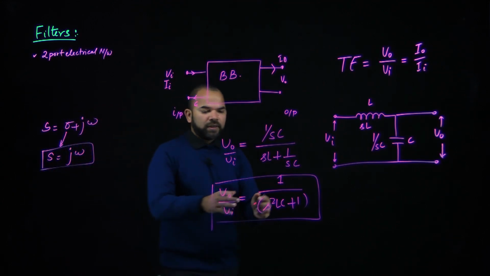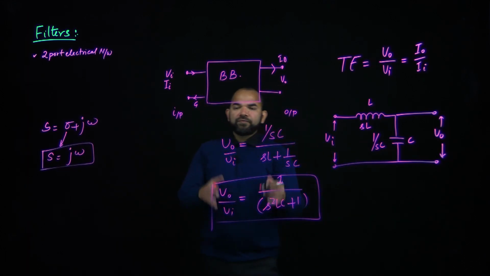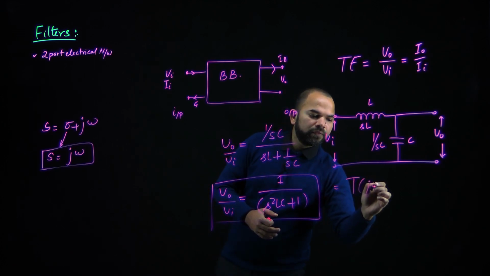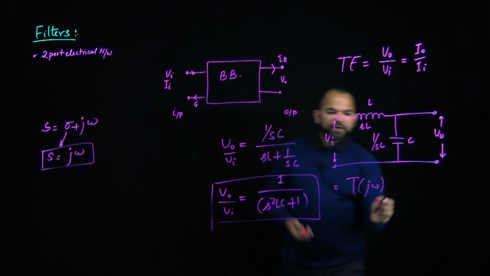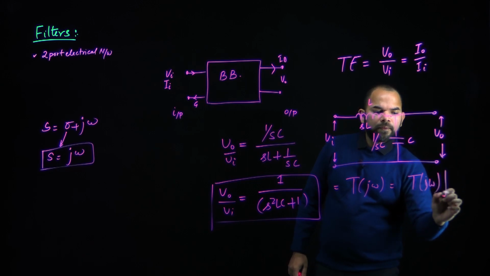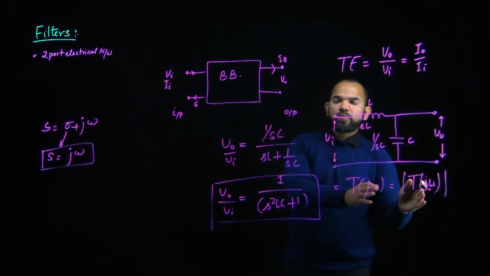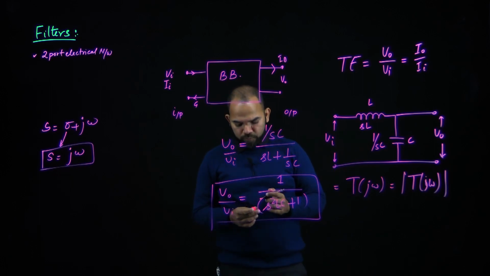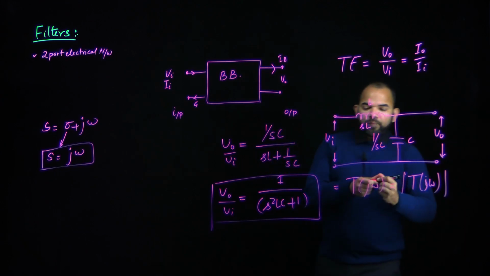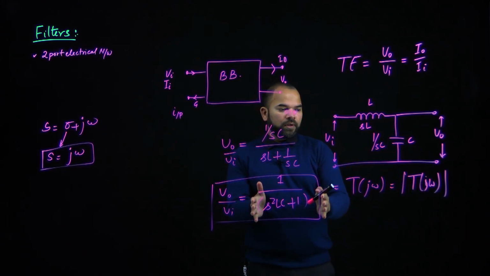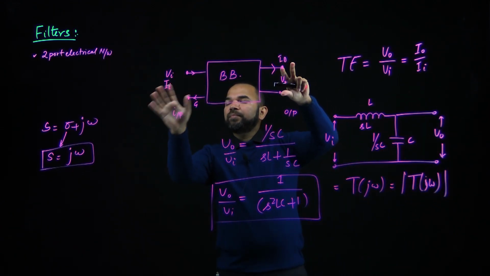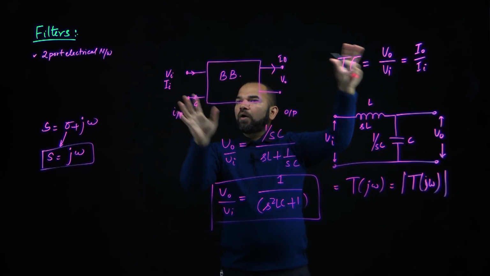If we replace this S with j omega, we'll have a transfer function in terms of j omega, and we can take a magnitude of this to see how input is translated into the output. As this is a function of frequency, by properly choosing the transfer function, you can predict, for a certain set of input frequencies, what is going to be the output.